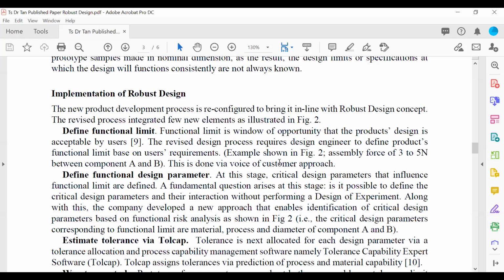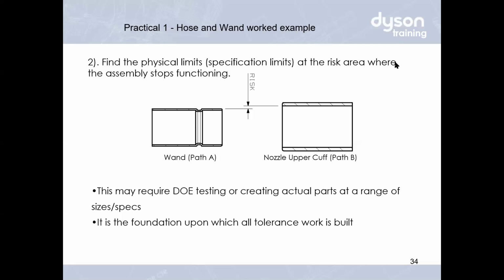Then subsequently, I go to parameter design. Let me go back to the slide first. The critical measure for the system design is the force required, and the force required to assemble these two components A and B is in fact determined by the internal dimension of component B and the external diameter of component A. So we call this a risk.